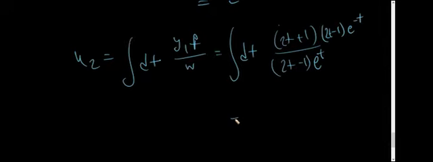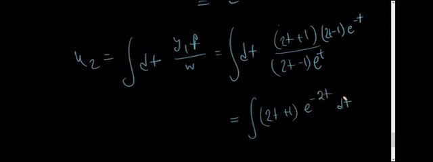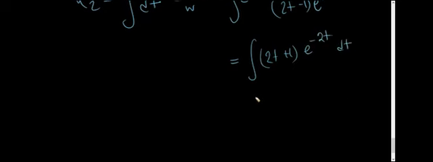So if you integrate this thing, the result will be just the integration of (2t plus 1) e to the power minus 2t dt. You can integrate it by doing integration by parts or whatever you want.